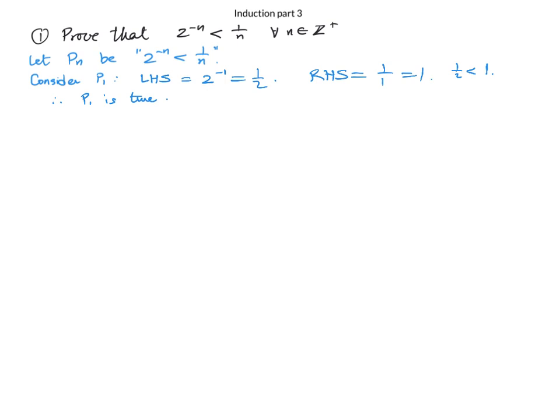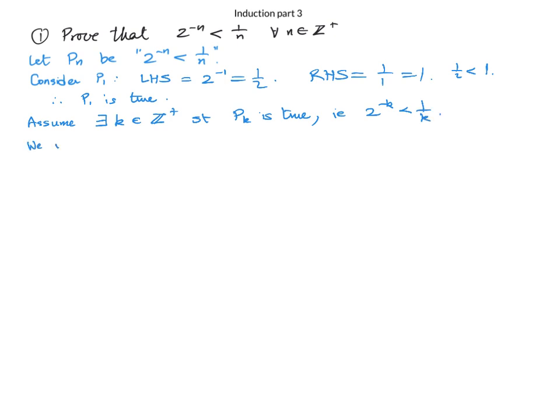Now we say assume, and I like to do it this way, there exists a k in Z plus such that P(k) is true, i.e. 2 to the negative k is less than 1 over k.